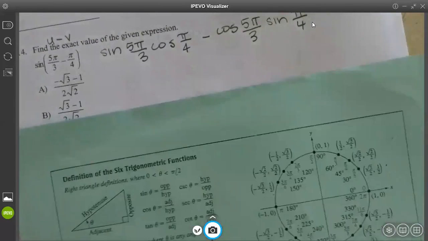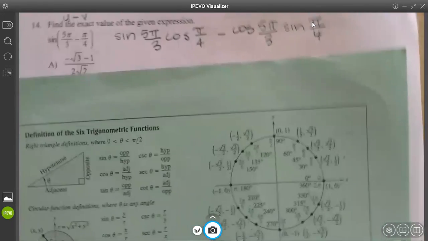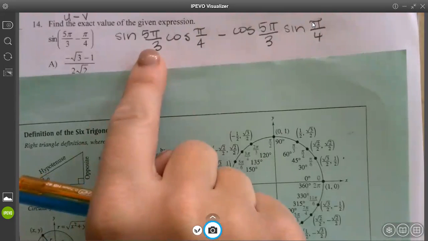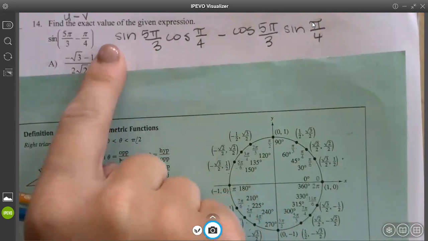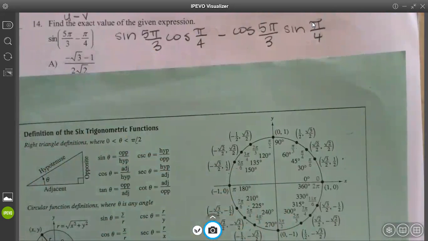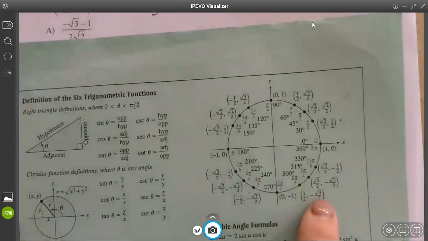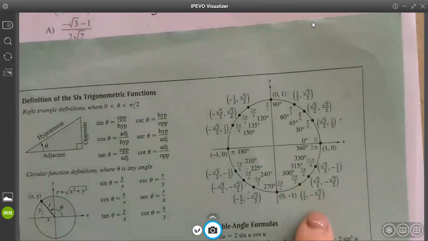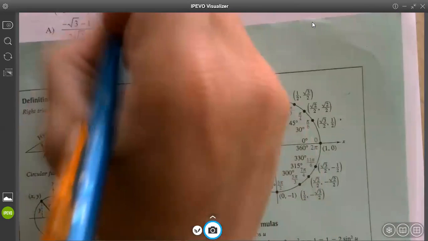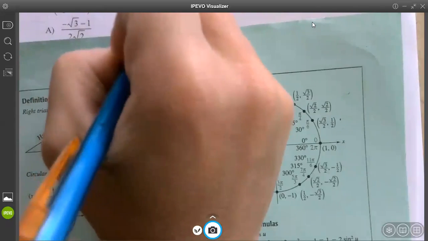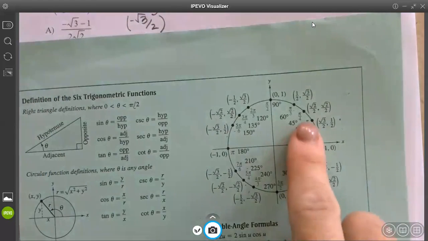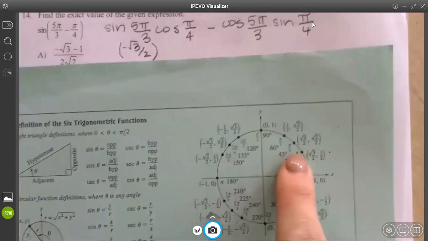All right. Back to your unit circle. 5 pi over 3, but we're doing sine. So find your 5 pi over 3. It's right here. Sine would be which one? Your y coordinate, which is? Pi over 4, find it. Cosine is your x coordinate.